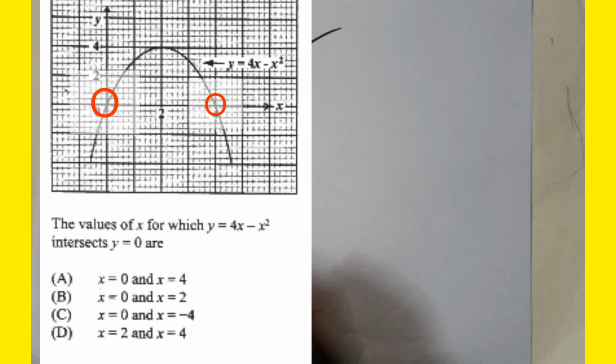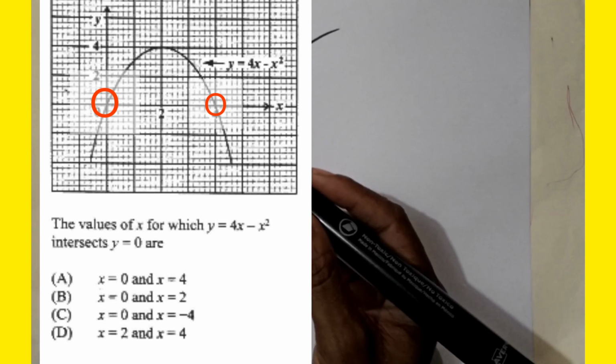So examine your graph, of course, and substitute. So substitute the values for x in the equation to see which one will give you y equals 0. Right? Or you can identify this from your graph.